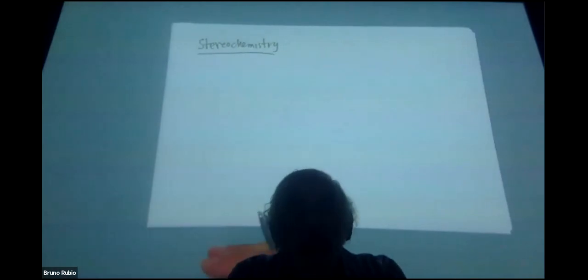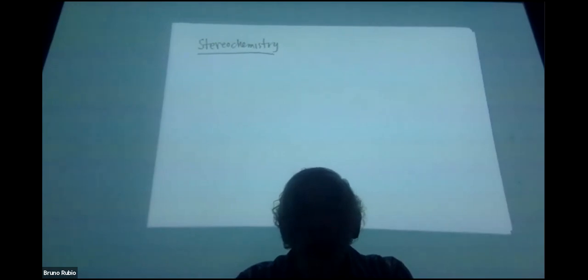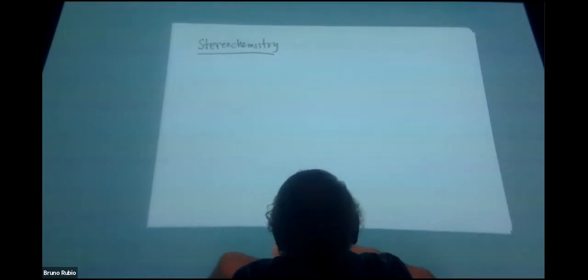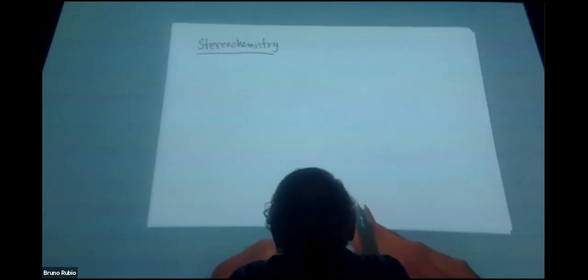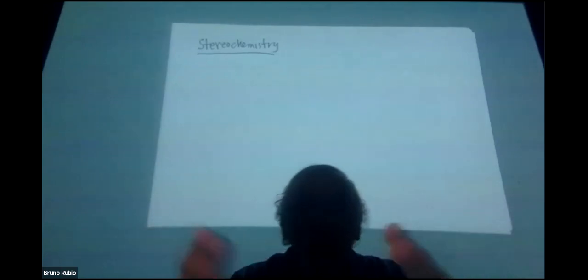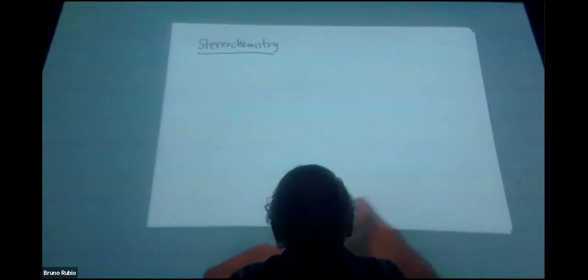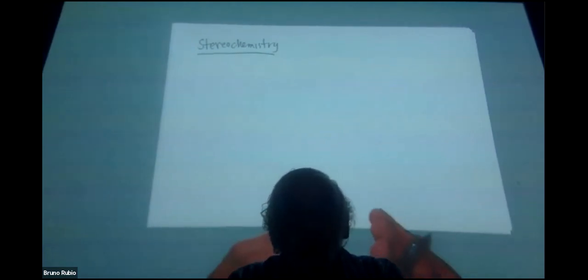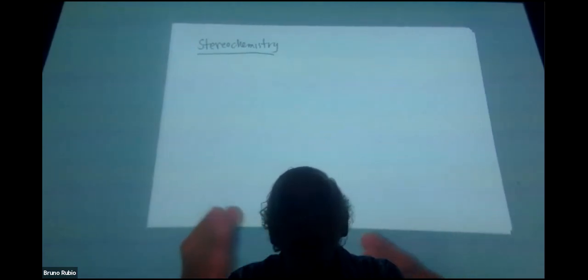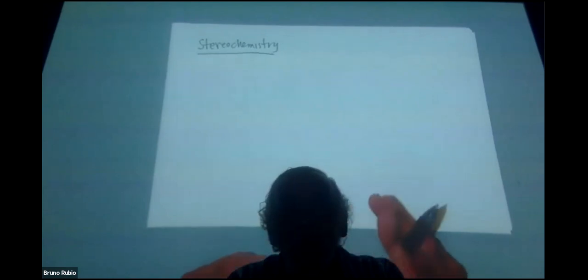One of the most fascinating aspects of organic chemistry is that the properties of a compound not only depend on how many carbons, hydrogens, nitrogens, not only depend on the elemental composition of the compound, but also how those atoms are arranged in space.